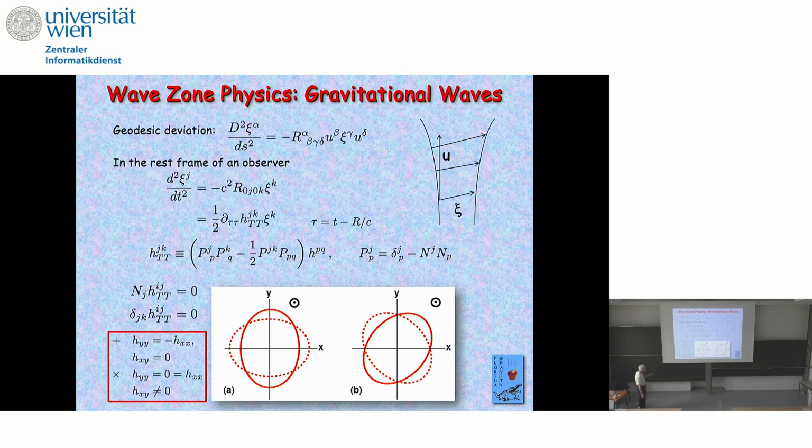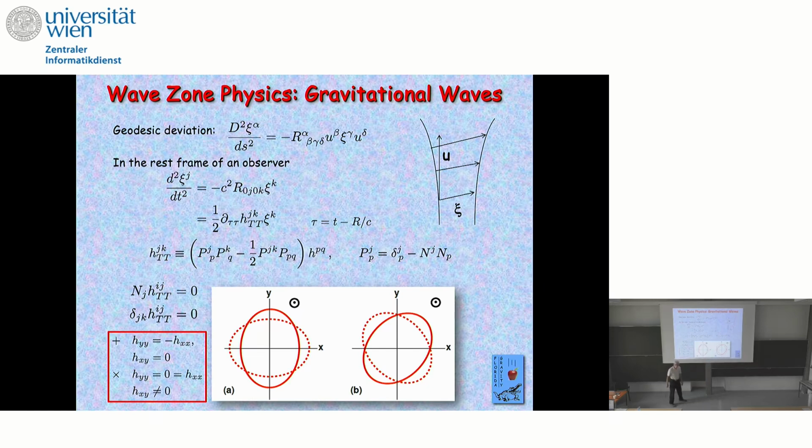But these 2 polarizations impose a particular pattern, a particular behavior of these nearby particles. So let's suppose our fiducial particle is in the center of this picture, and let's suppose there's a whole bunch of particles in a circle surrounding the center, and each one is moving on a geodesic.